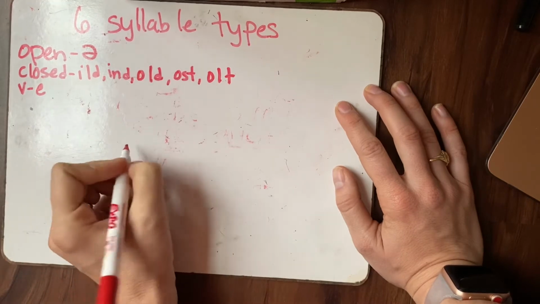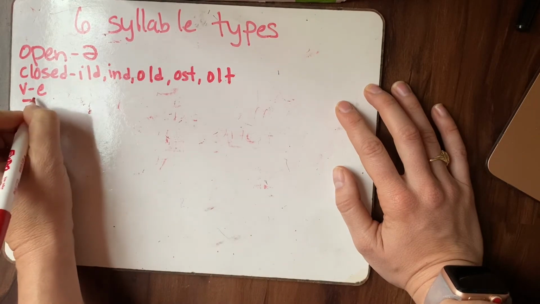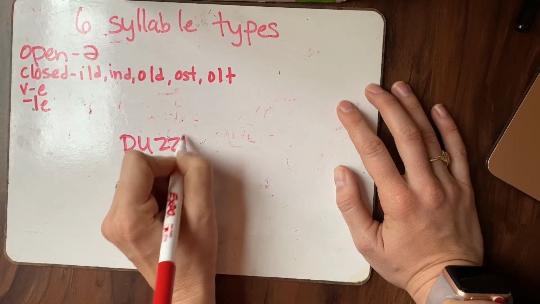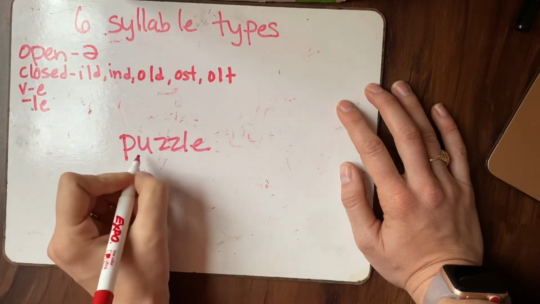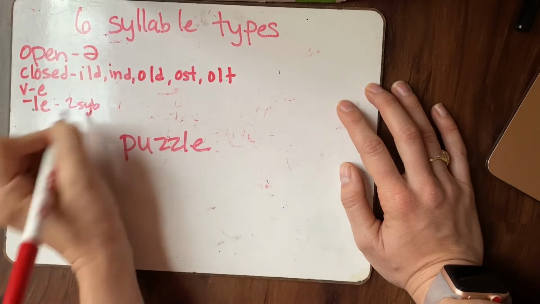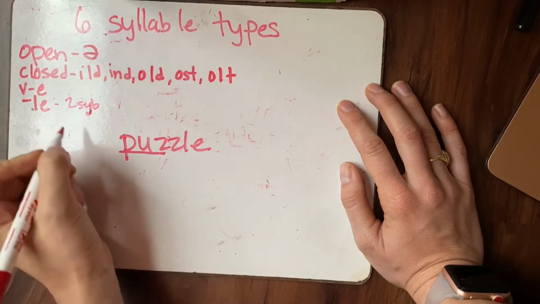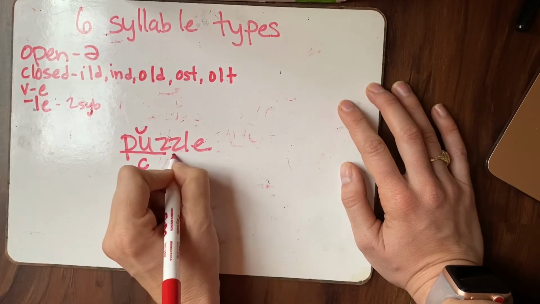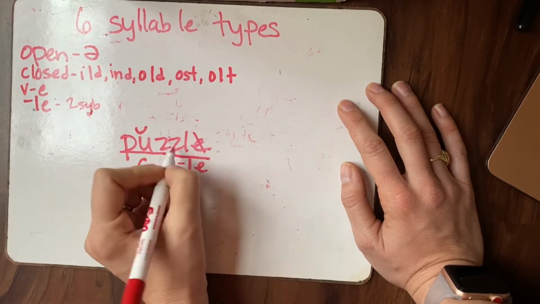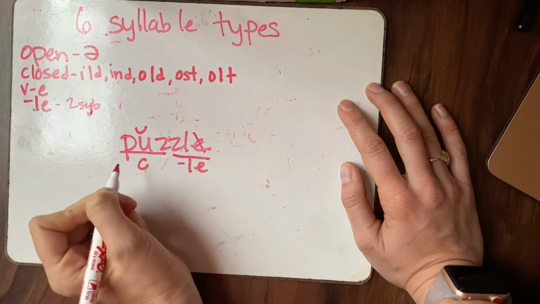It's an easy transition from vowel consonant E to the consonant LE syllable. So I'm looking at a word like puzzle. It's always going to have 2 syllables. So I've got puz, which is a closed syllable, and then zul. It's a consonant LE. The E is silent and it blends together and you get that zul sound.